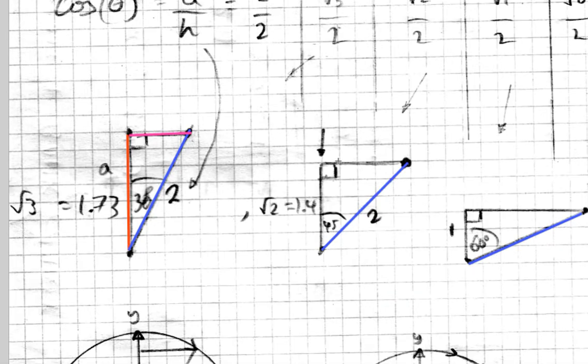For 45 degrees, what you ended up with is a movement from here to here, and it curled down as the angle increased to 45 degrees.